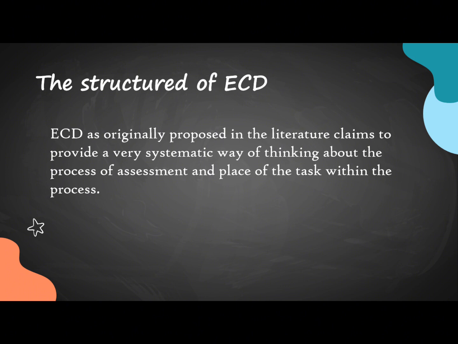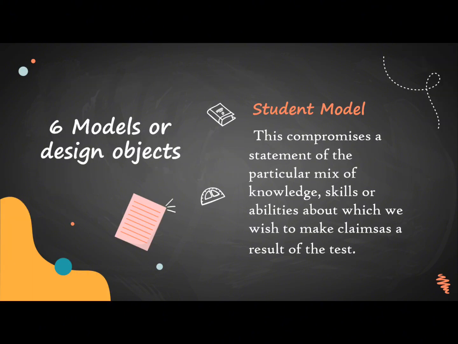Of course, we have six models or designs in this lesson. First is the student model. This comprises a statement of the particular mix of knowledge, skills, or abilities about which we wish to make claims as a result of the test.